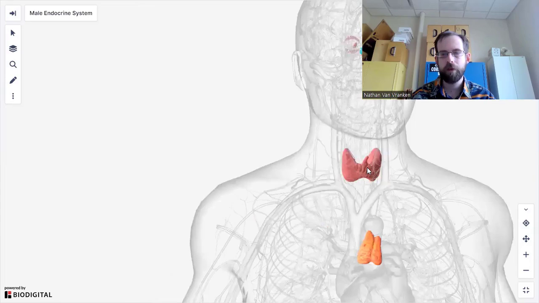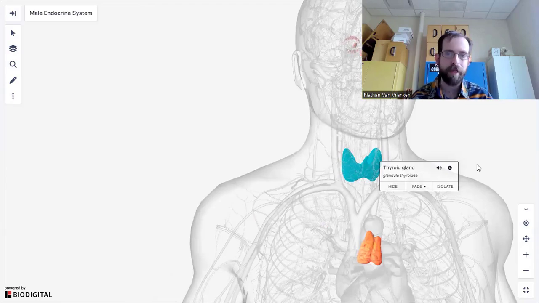We can move more inferiorly and take a look at, say, the thyroid gland, which can be easily identified because it's kind of butterfly shaped. It actually has several smaller structures, but as long as you can identify something that's butterfly shaped, you'll be in good shape. And the thyroid produces hormones that deal with our metabolism.